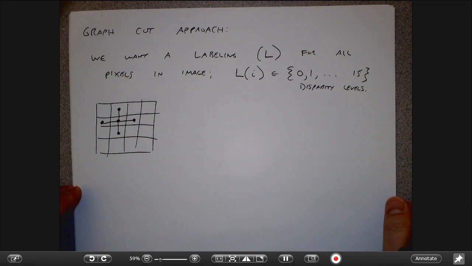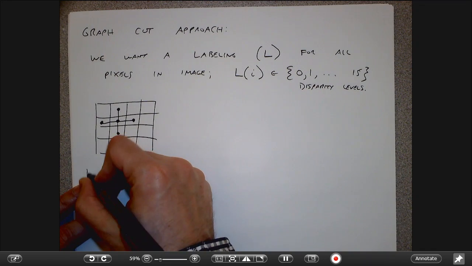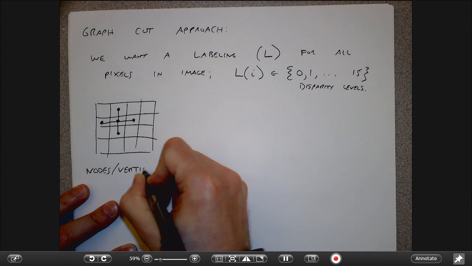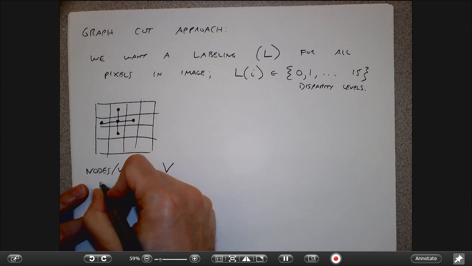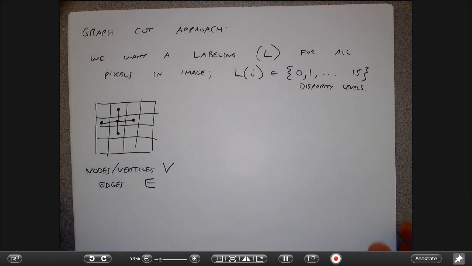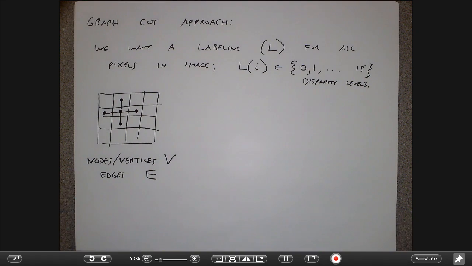So what I have is nodes or vertices, which I'm going to call V, and then I have edges, which I'm going to call E. In this case, the edges could just be my north, south, east, and west neighbors of every pixel. And then I want to minimize a cost function across the labelings of all the pixels at once, right?